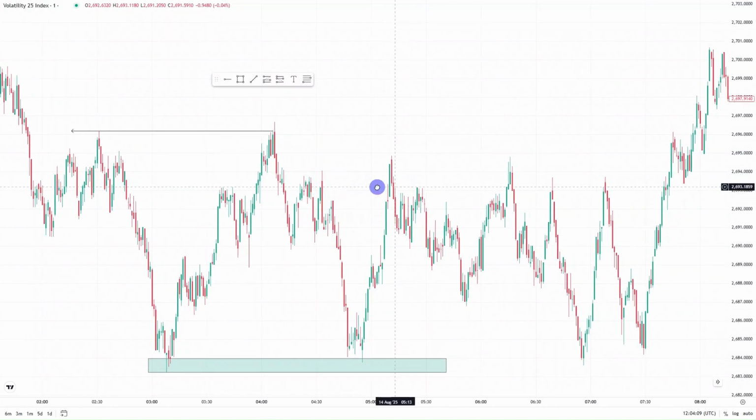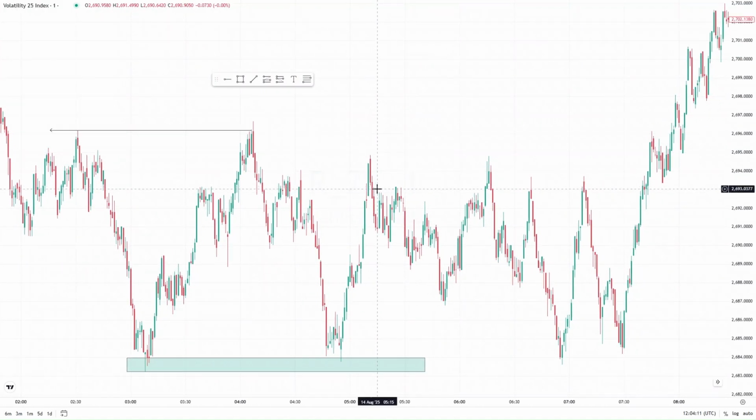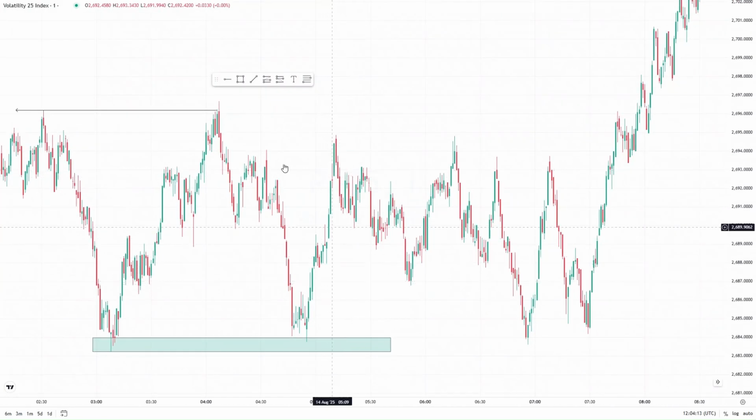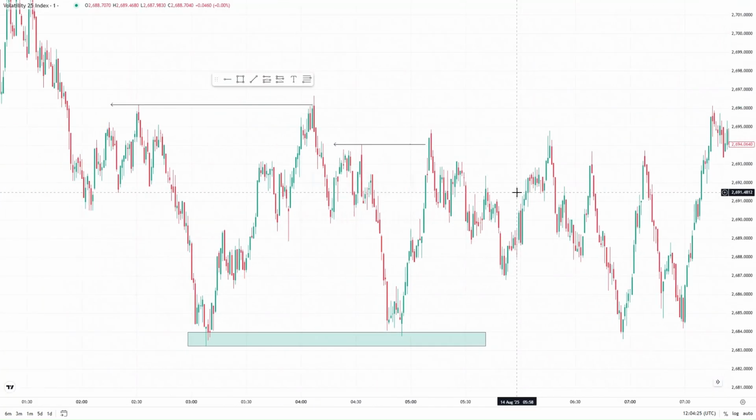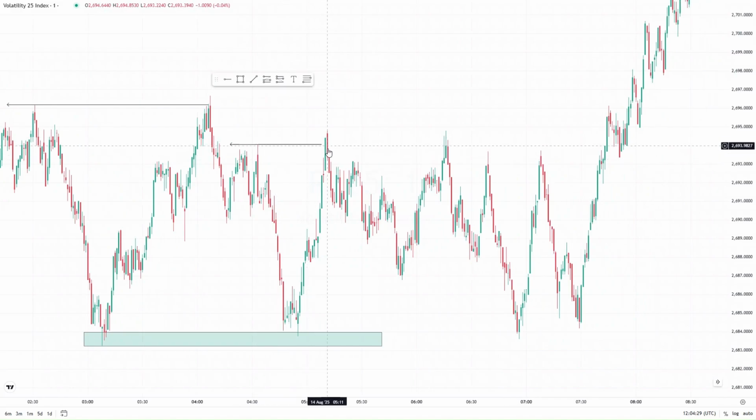But now notice how price has also broken this level right here. Notice how price has broken that high right here, and after that it drops.